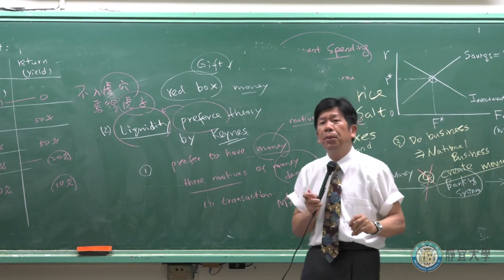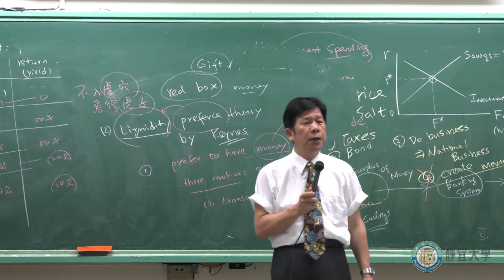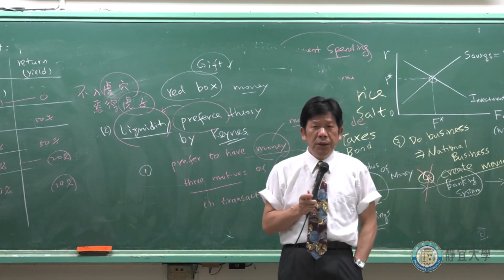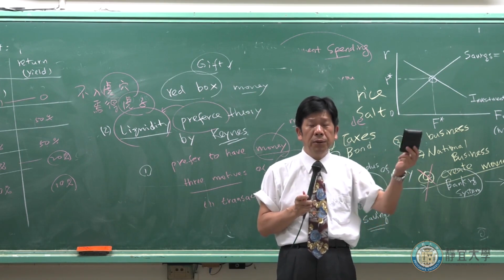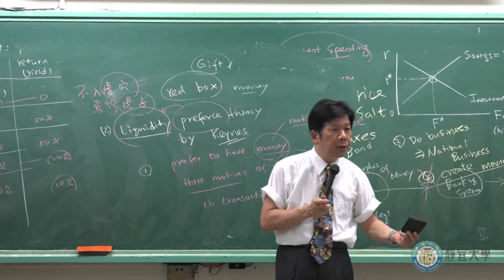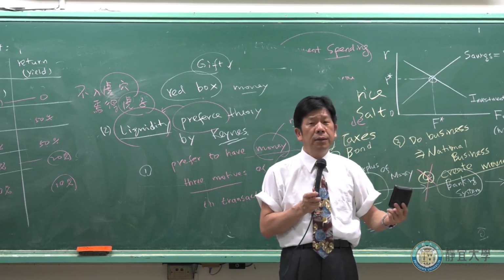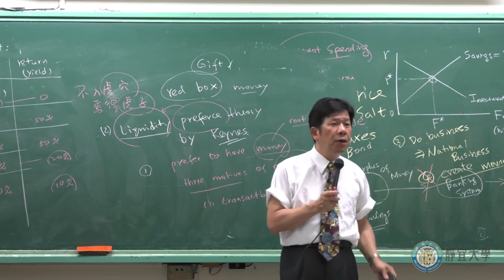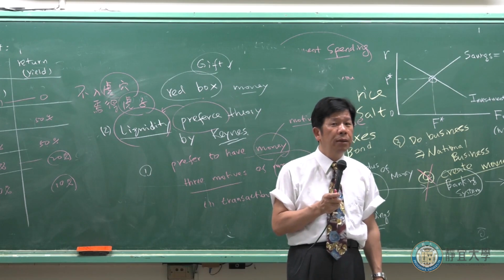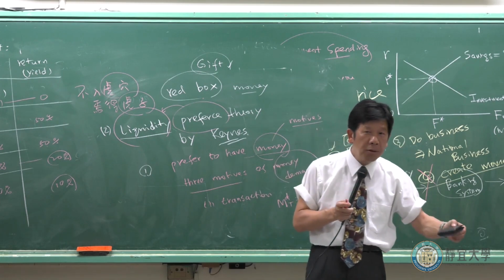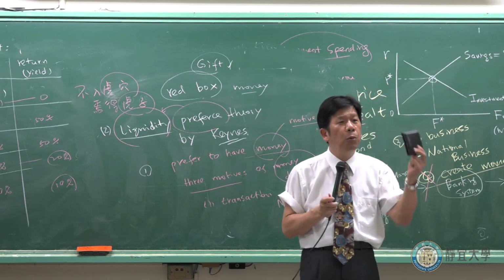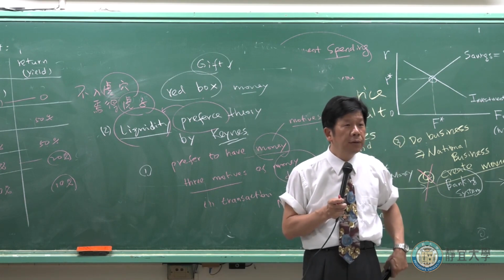For example, you compare with your mother. In your past, how much cash did you have? Your mother needs to buy everything for your family. Okay? So, for you, in Taiwan, maybe you only have 1,000, it's enough.